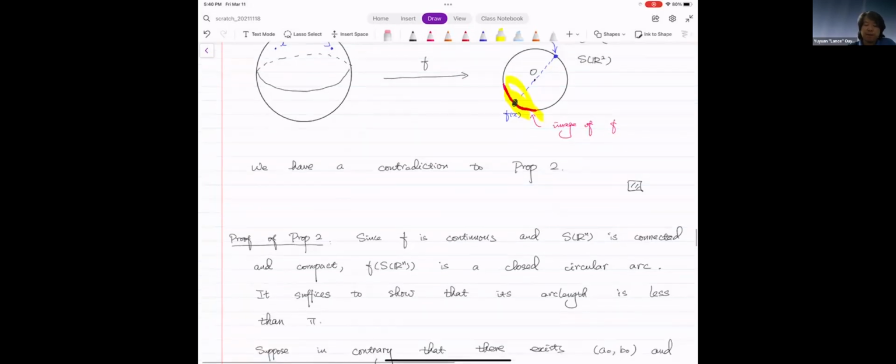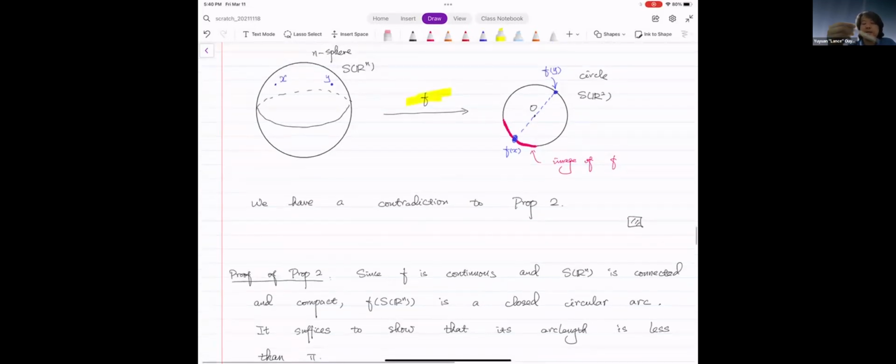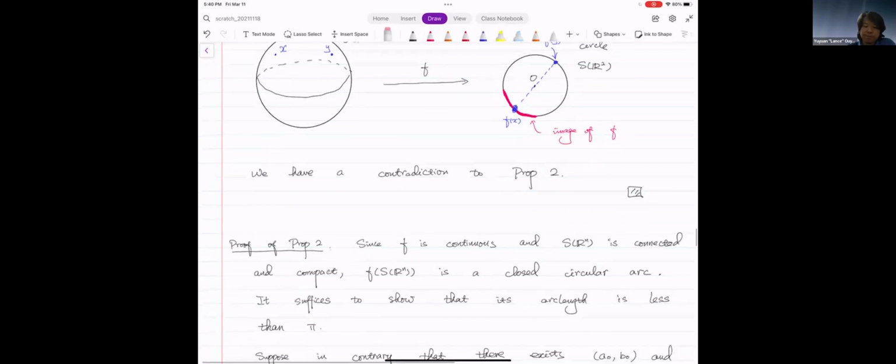I'm going to skip this part. I think this is just a topological fact: we just need to use the property that the function we define is continuous, and the n sphere is connected and compact, to show that this circular arc is closed, and it's a circular arc.